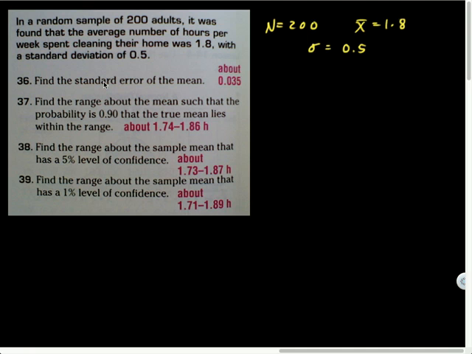What is the standard error of the mean? That's sigma sub x bar, and that was the standard deviation divided by the square root of n. The square root of 200 is 14.14.